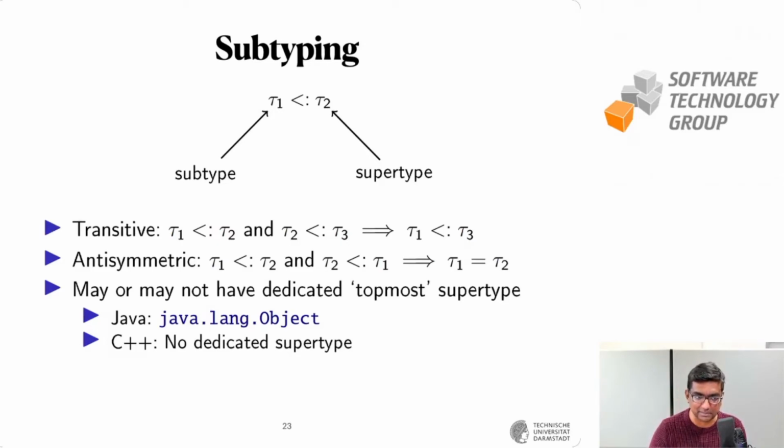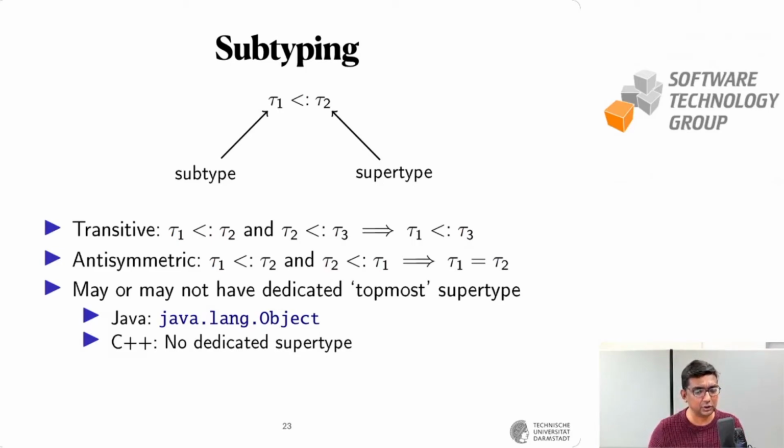Meaning if T1 is a subtype of T2 and T2 is a subtype of T3, it means that T1 is a subtype of T3. And they are antisymmetric, meaning that if T1 is a subtype of T2 and T2 is a subtype of T1, it means that T1 and T2 are the same type. This is sometimes used to define type equality in type systems simply by saying that T1 has to be a subtype of T2 and T2 has to be a subtype of T1, right?